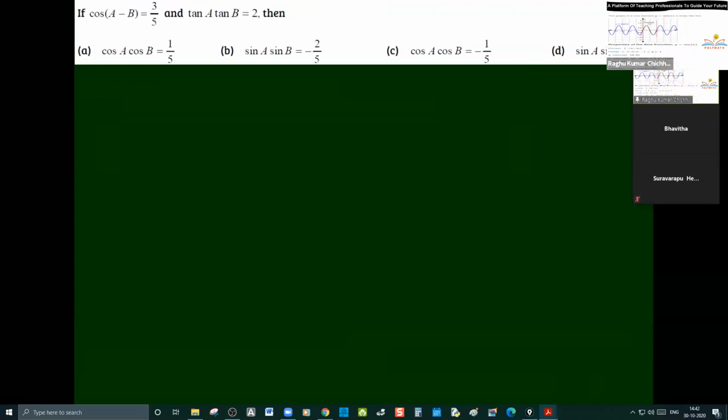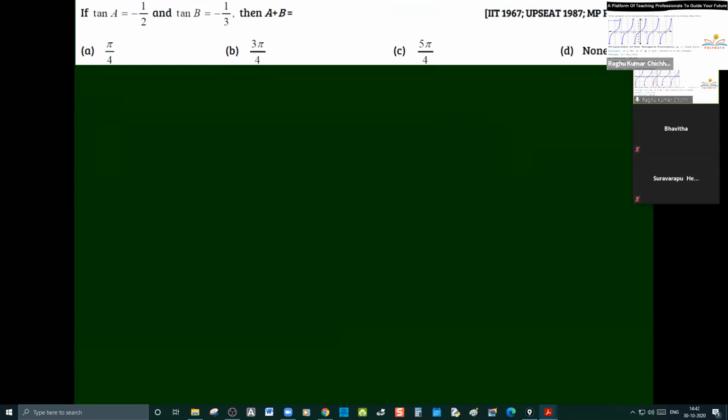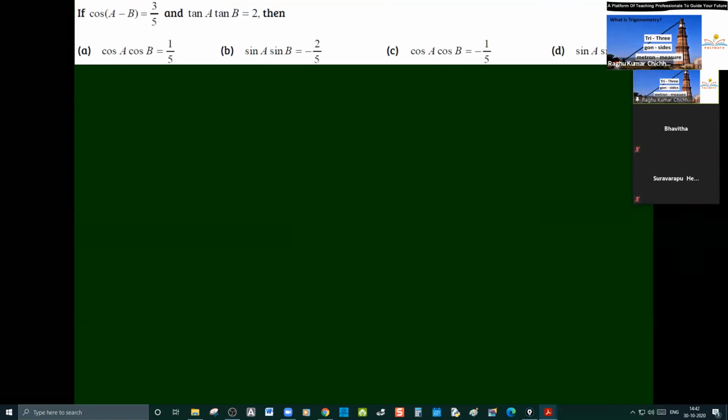This also I finished. And I think just now I discussed this. It is 1 by 2, 2 minus 1 by 2 plus 1, 1 by 3. Then thereby A plus B becomes pi by 4, but here both are negative, and hence that differs. But anyway, it will be lying in the second quadrant, 3 pi by 4 then.